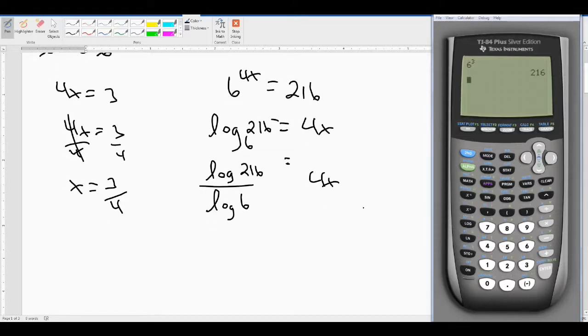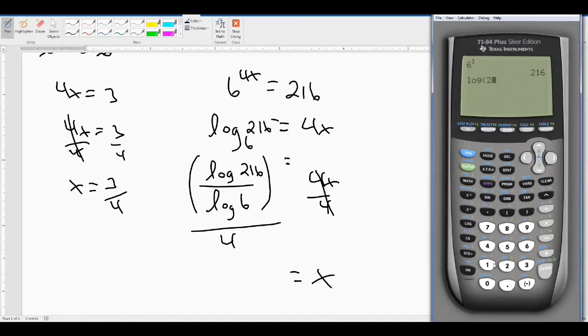You can go ahead and divide by 4 if you want to, but it's totally up to you. What you're doing is finding the log of 216 divided by the log of 6. You hit enter, and you get that 3.